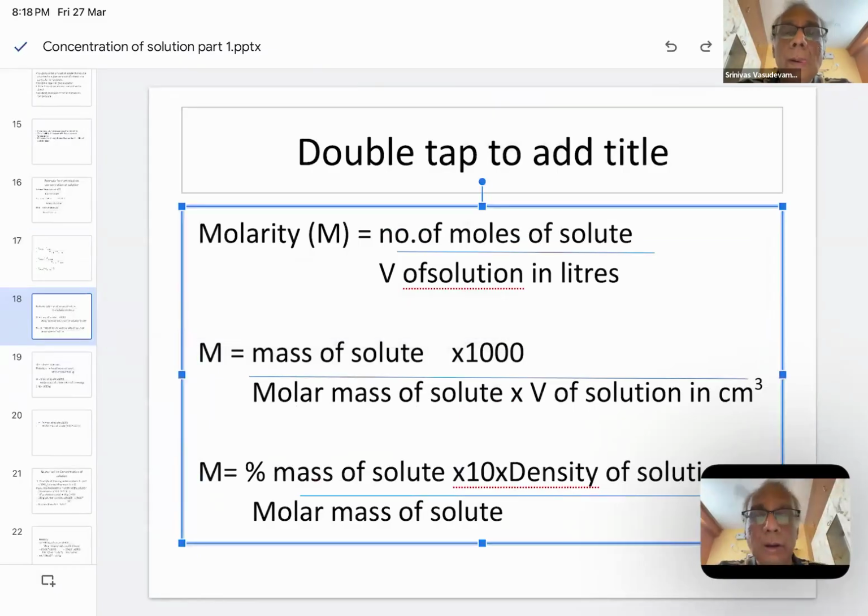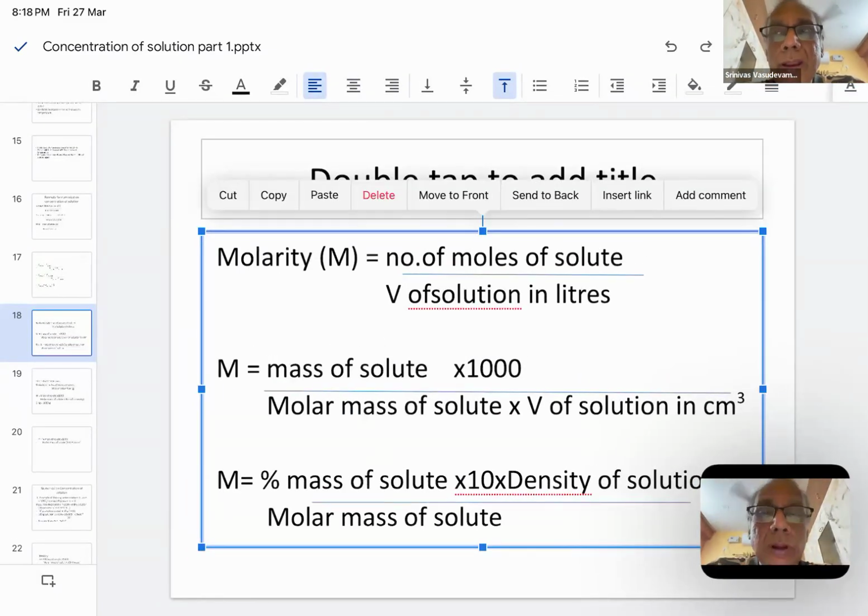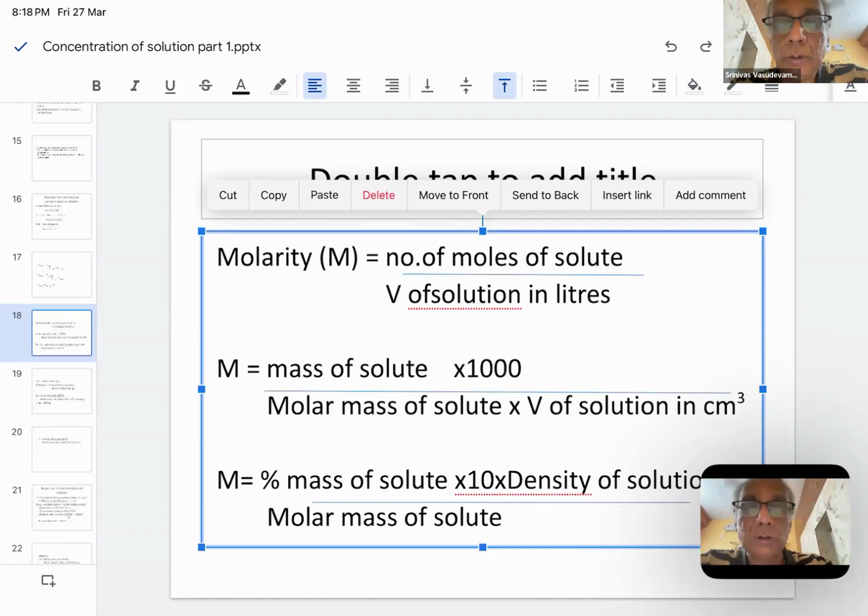Molarity is very important. It is the number of moles of solute in 1 decimeter cube, or we say 1 liter, of solution. That is called molarity. It is mass of solute divided by molecular mass of solute, into 1000 by volume of solution in centimeter cube.